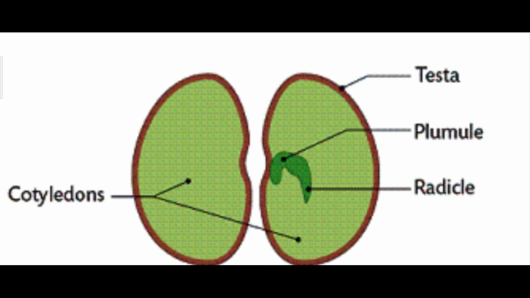Cotyledons store food and provide food for the germination process. The factors affecting germination are moisture, the presence of water, and the temperature. The correct temperature is also needed for the growth of the seed.